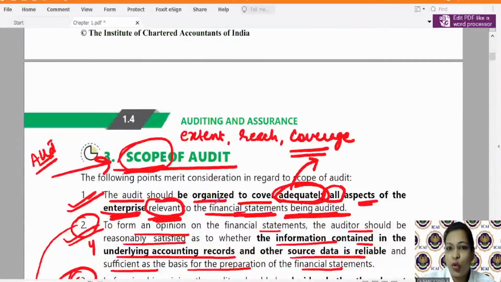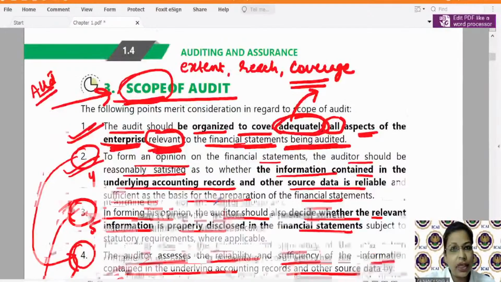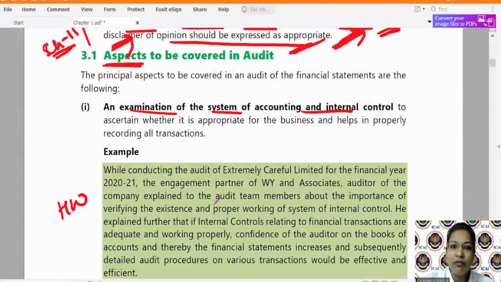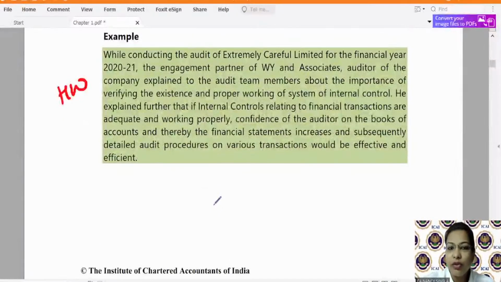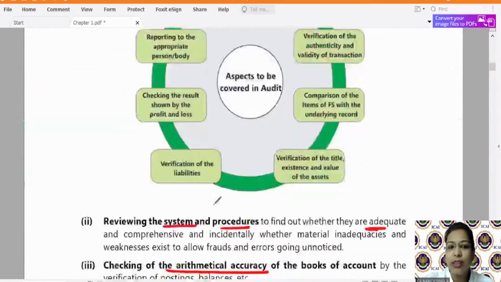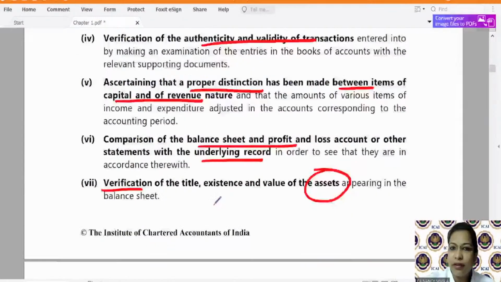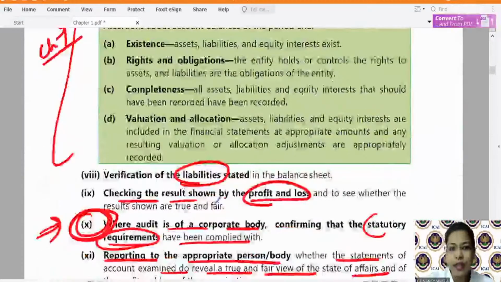Then we saw scope of audit, and related to this topic only, we covered what aspects to be covered in audit. Very related topics and very simple topics. Aspects mean whatever you feel like accounting system, internal control systems, procedures, right? Then authenticity, the arithmetical accuracy, validity of transactions, everything will come here. Okay?